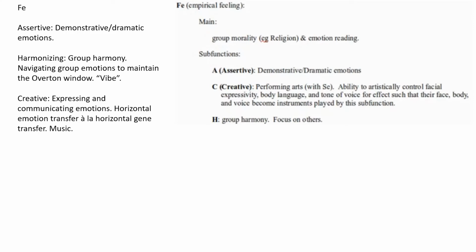So FE, I think, is almost understanding what the emotional vibe of a room is and navigating it properly, judging what's right for that situation emotionally. Yeah, I was happy with that.